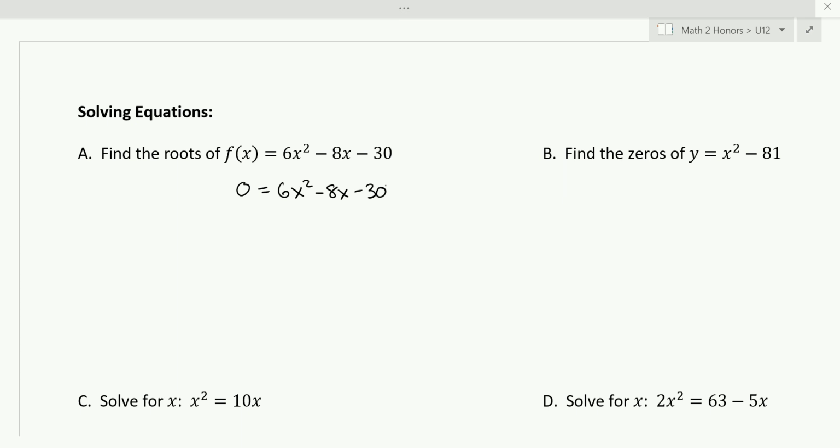They're all going to work, except maybe not the factoring. So here, if I'm factoring, I notice that all my numbers are even, so I could divide everything by 2. When I divide 0 by 2, I get 0. Divide 6 by 2, I get 3. Divide the 8 by 2. Divide the 30 by 2.